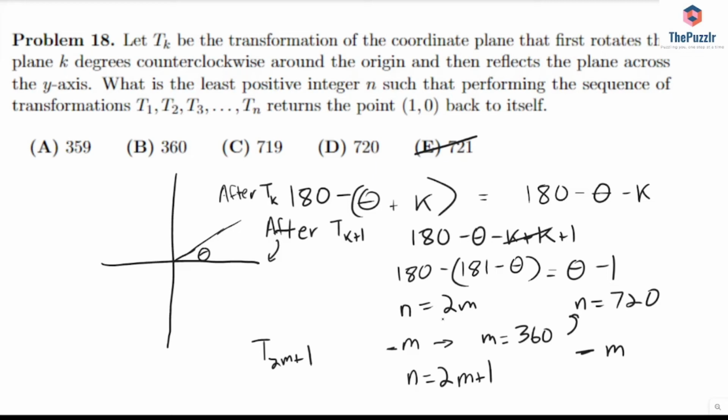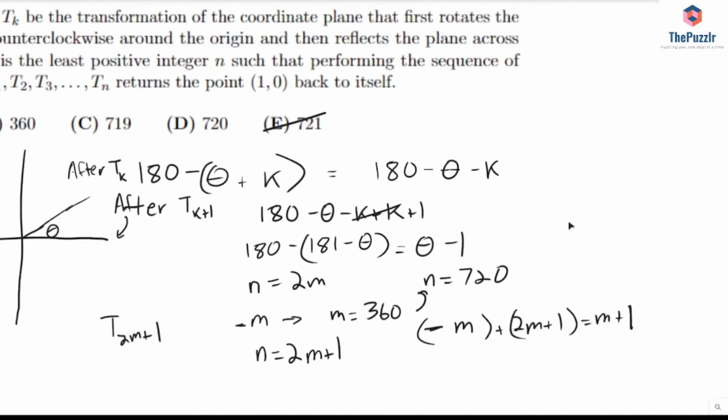First we add 2m plus 1 to this, so negative m plus 2m plus 1, which gives us m plus 1. And like before, we flip it over the y-axis, so that means 180 minus (m plus 1), or 179 minus m.